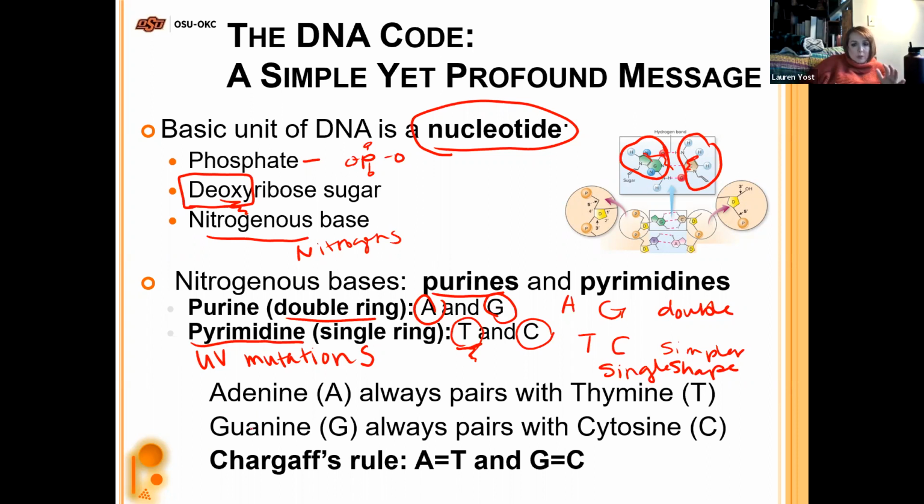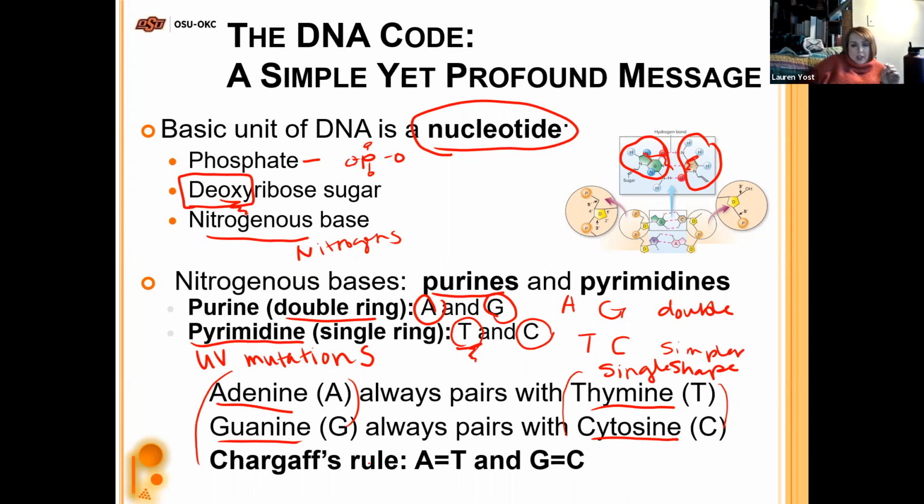Moving forward, when we're talking about these letters, I talk about A, T, C, and G. A stands for adenine. You do need to be able to recognize these words. Guanine is G, thymine is T, and cytosine is C. These on the right were our pyrimidines, and these on the left were the purines.